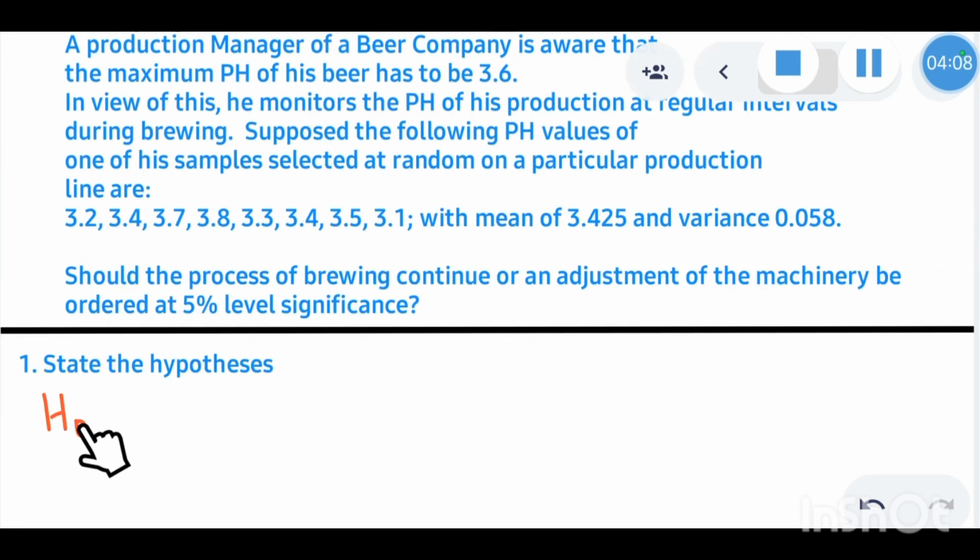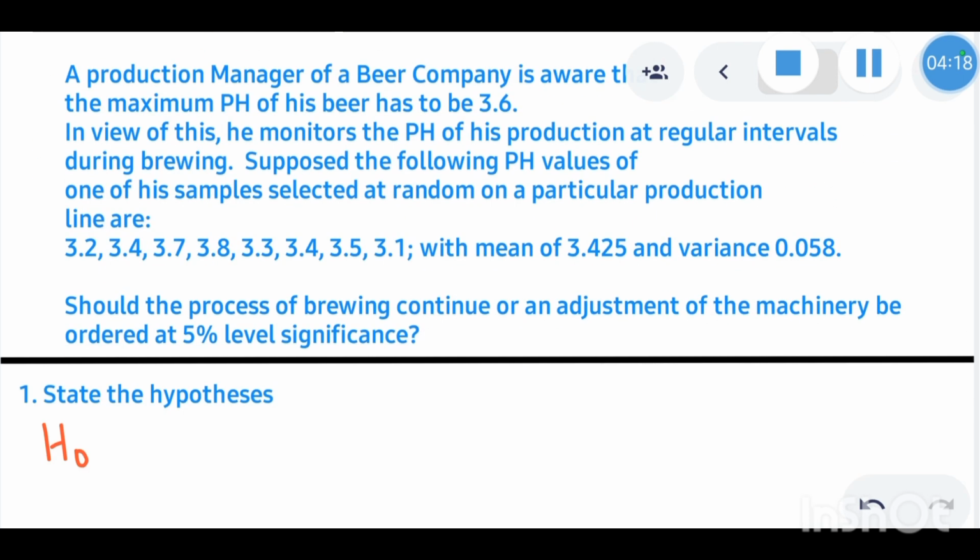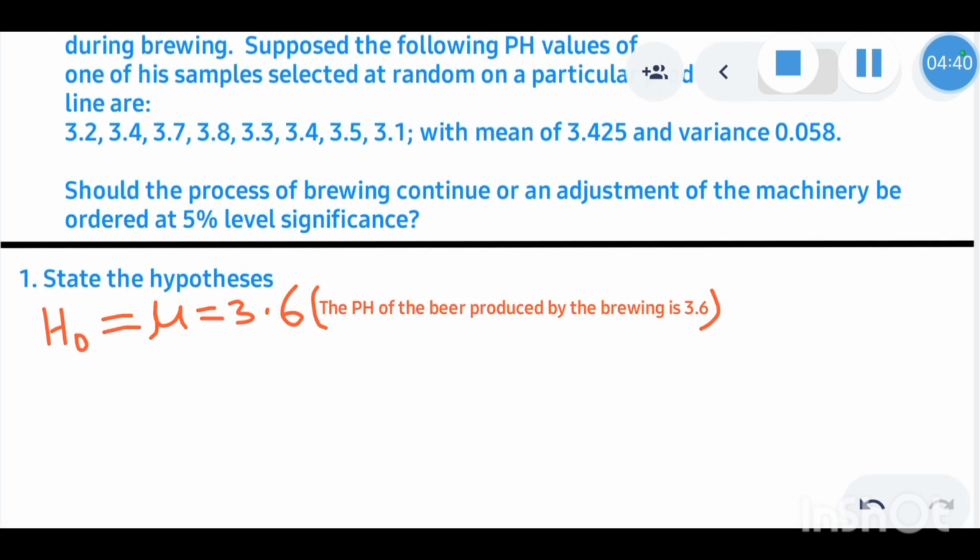What the null is saying is that the pH of the beer produced by the brewery is equal to the population mean, that is 3.6, and then we report it. The alternative hypothesis, which is designated with HA, is not equal to the population mean.